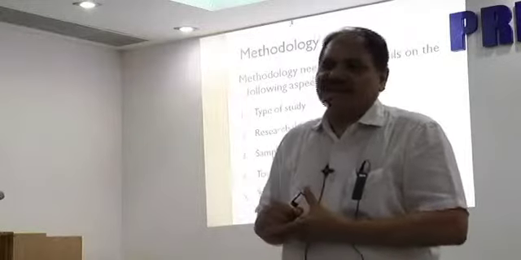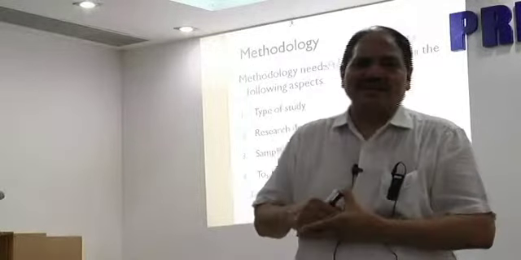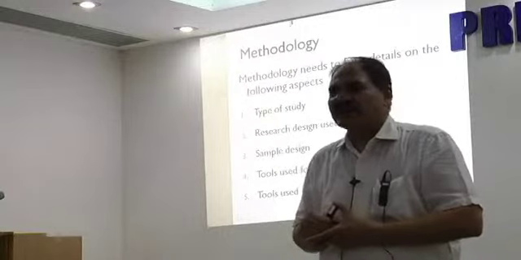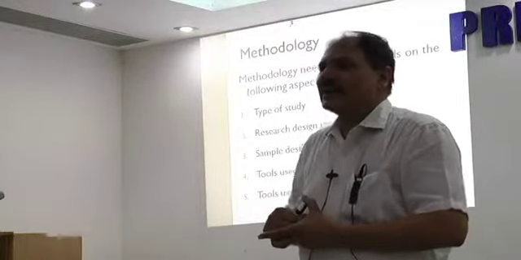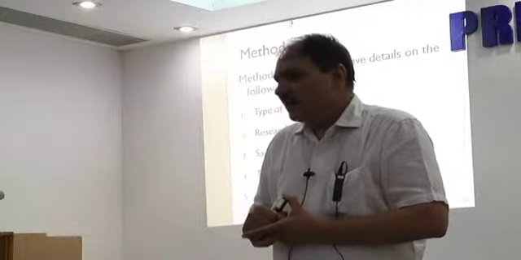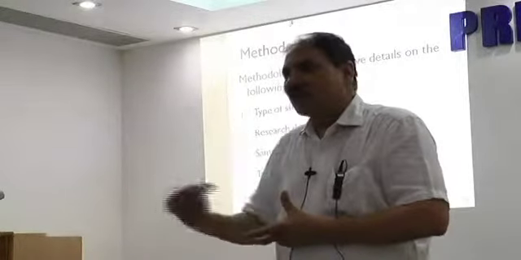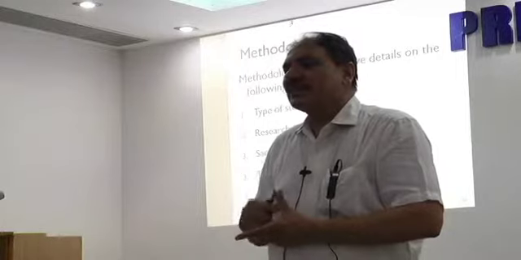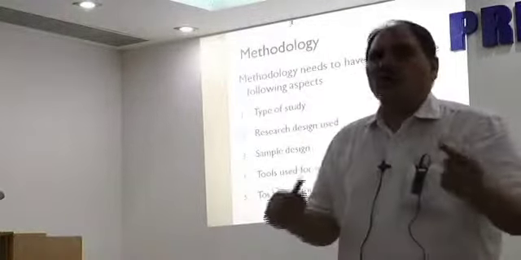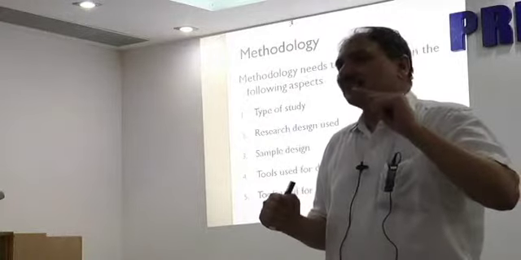And sample elements, depending upon what kind of data you are collecting, you would decide who would give that data. A person or element who is suitable to provide that data. If you are asking for organizational data, who is a suitable element? That element is the organization, but then the data may be provided by the head of the organization or somebody who has control over that data.